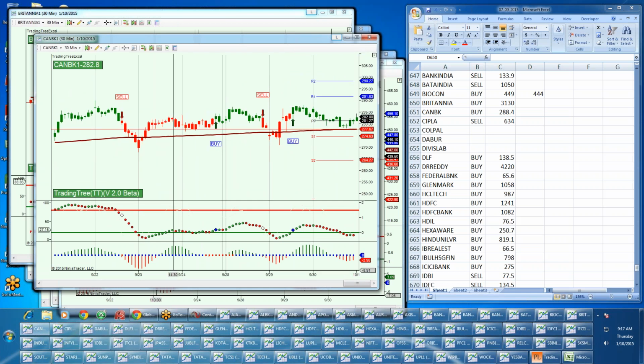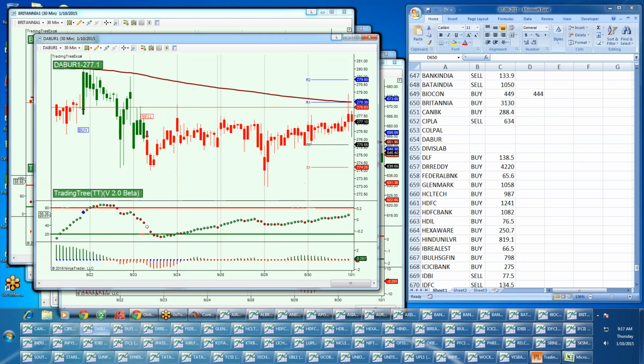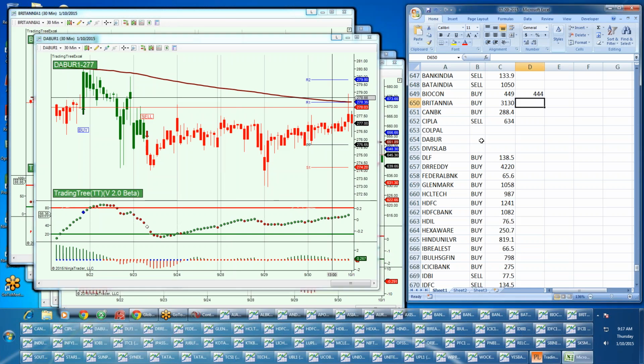Can Bank, that's Cipla. Dabur, I have not entered the price.